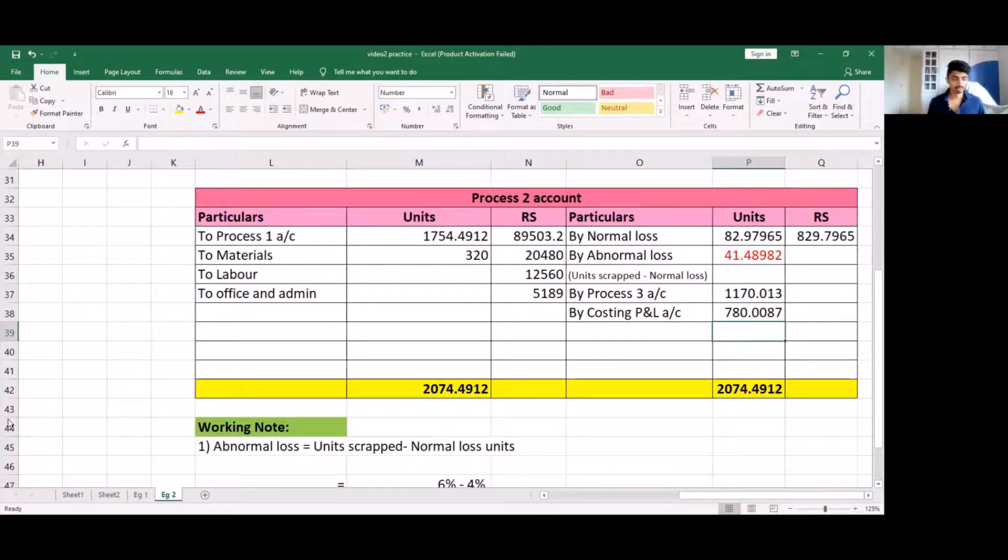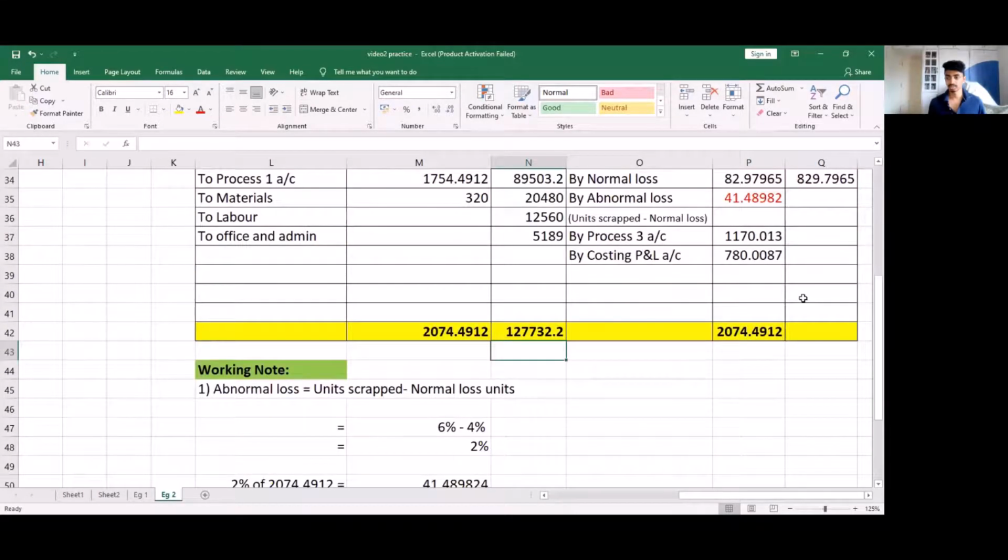So we use the same formula and we have our total cost as 1,27,732.2. So that is my total cost. Normal realization is 829.79. So that's here.